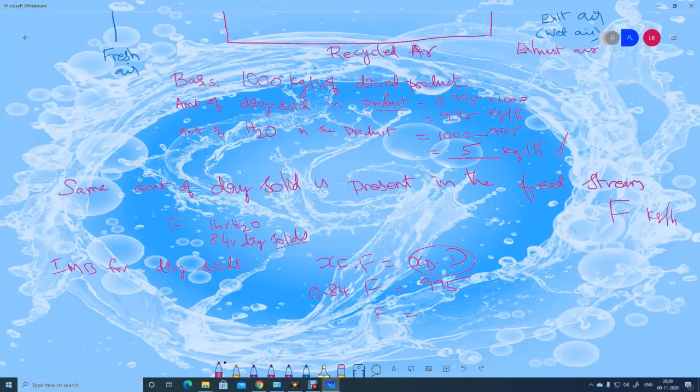It is given that there is 0.5% of water, so therefore it is 99.5% dry solid, therefore xd is 0.995 and D equal to 1000, so we got this value 995. So the F value also we get: 995 divided by 0.84. Please use your calculator.